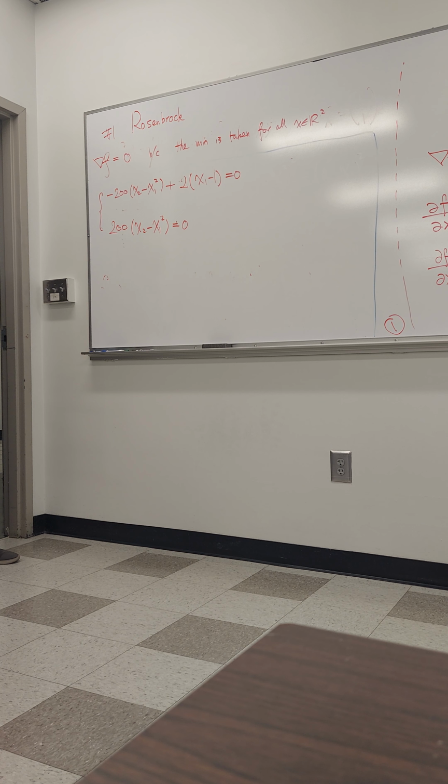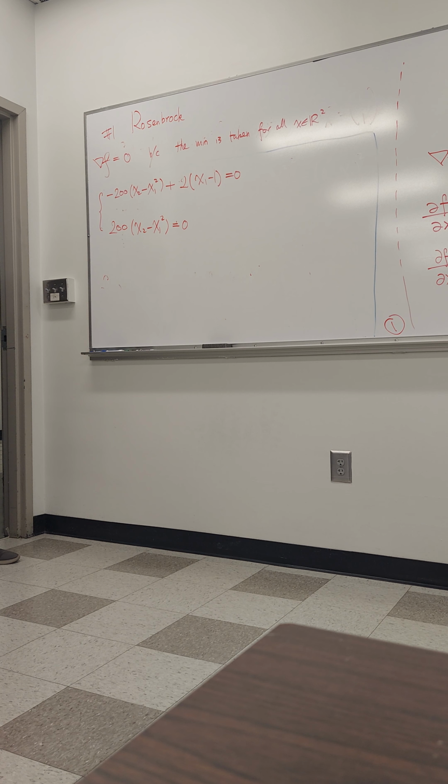Now let's go back to the problem we want to solve: finding a point that satisfies the first order necessary condition. We set the gradient of f equal to 0, because the minimization is taken over all x in R2.